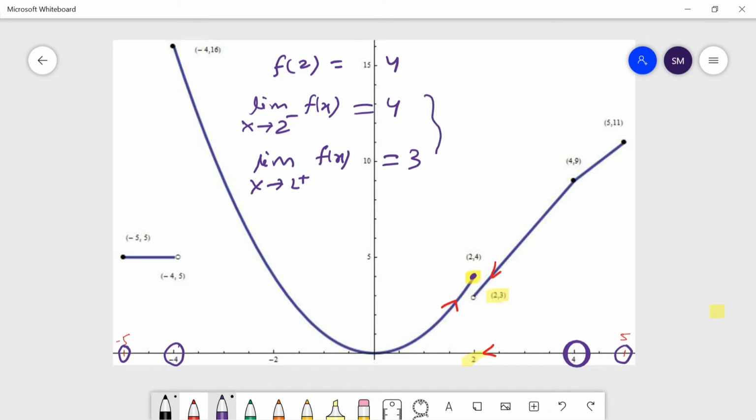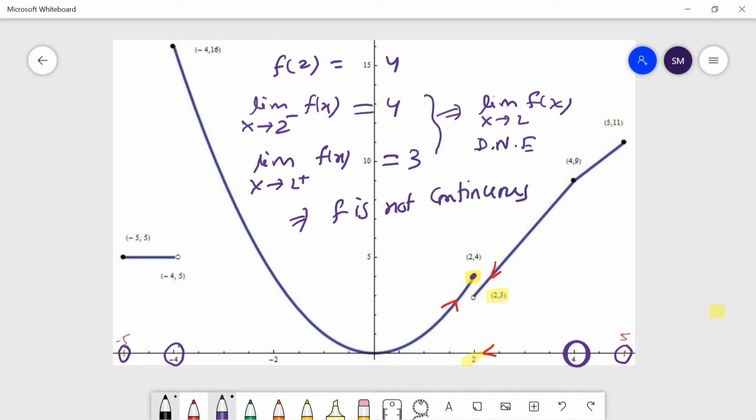So these two imply limit x tends to 2 of f of x does not exist. So this implies f is not continuous at x equal 2.